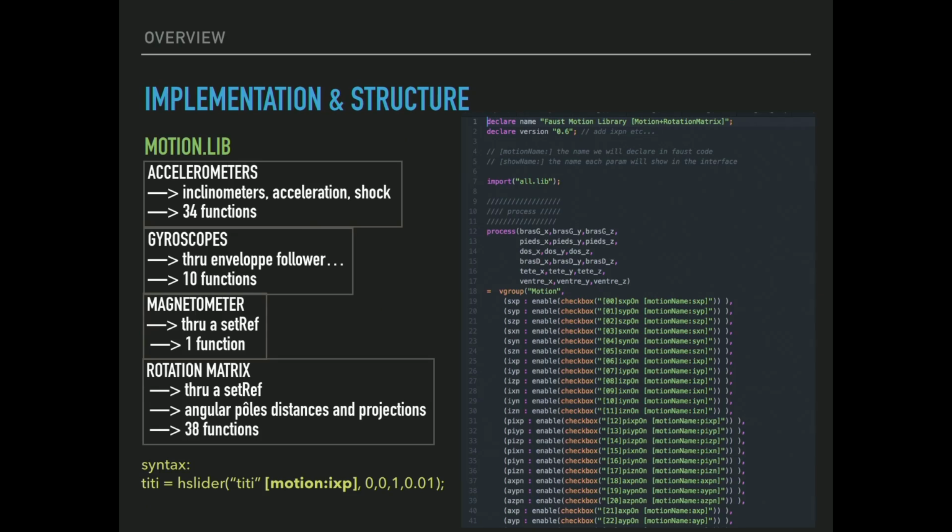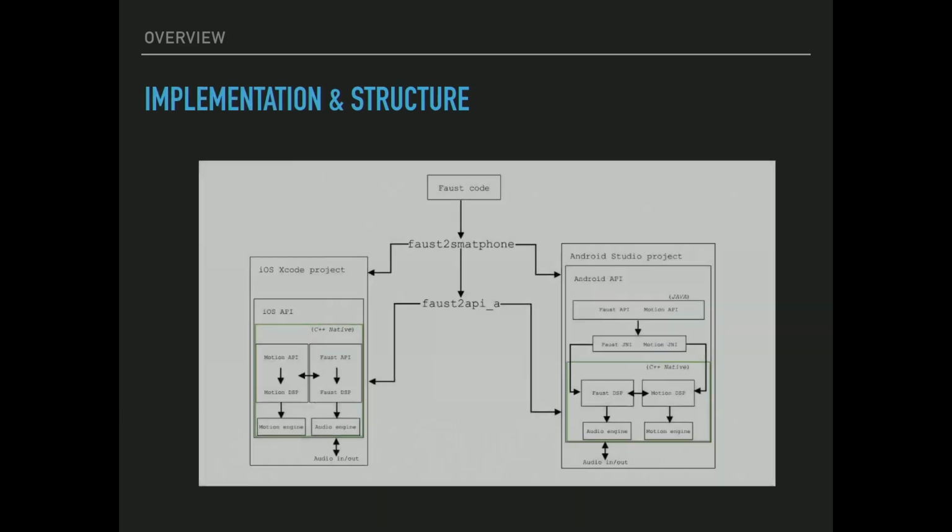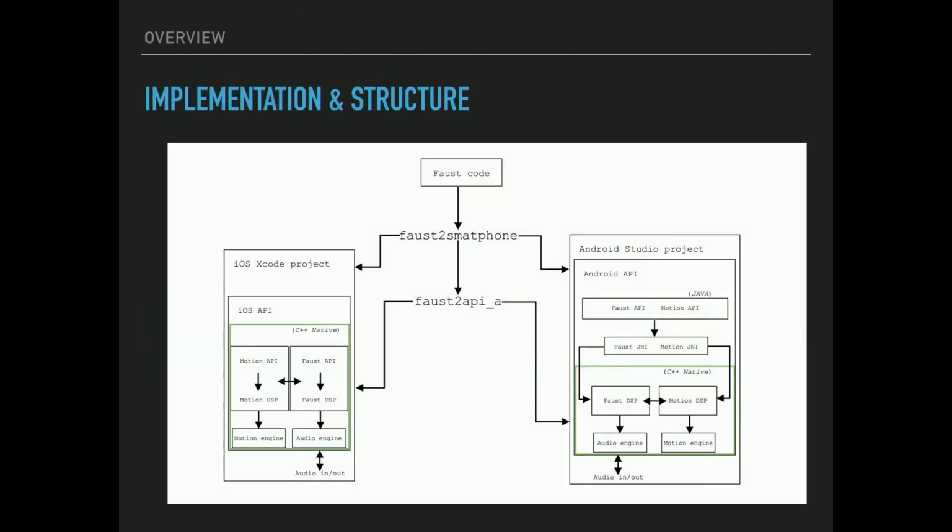And to use it is very simple. In the metadata, we just type motion with the function you want to call. Then you get the result. It's very simple like that. And this is a simple schema that shows, for example, on the left side in the iOS project, we have two engines. One is the audio engine, and one is the motion engine.